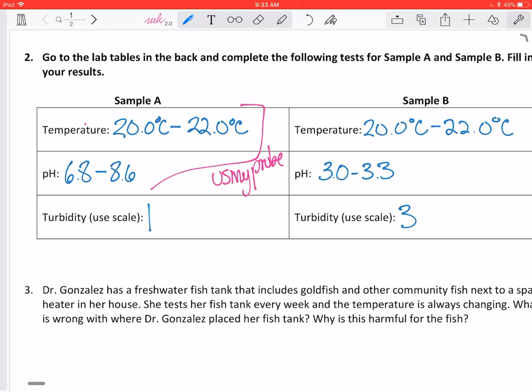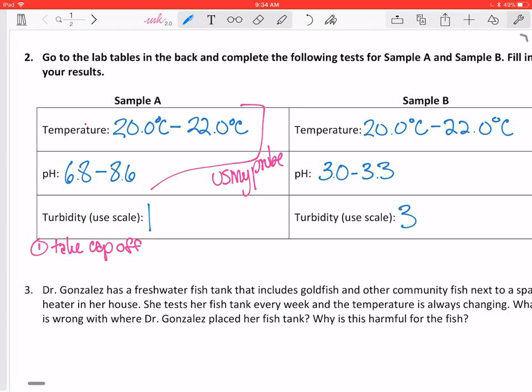The first thing that you need to do is take the cap off. This was the biggest issue that I saw.